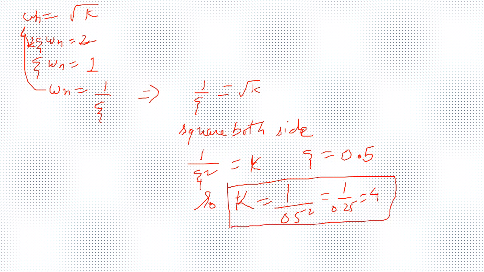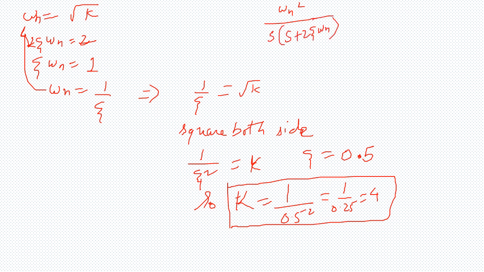What you really need to remember here is, whenever you get a question like this, you need to compare it with a second order system. The second order system loop transfer function is given as omega n squared over s into s plus 2 zeta omega n.